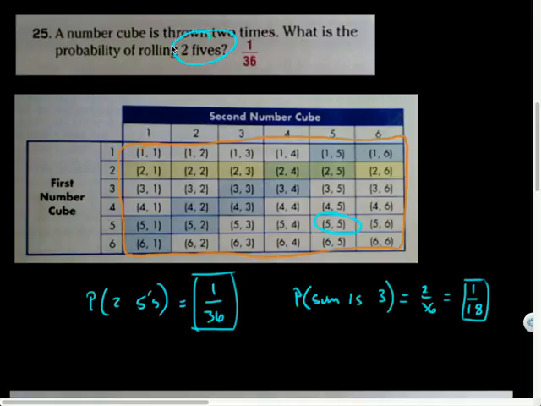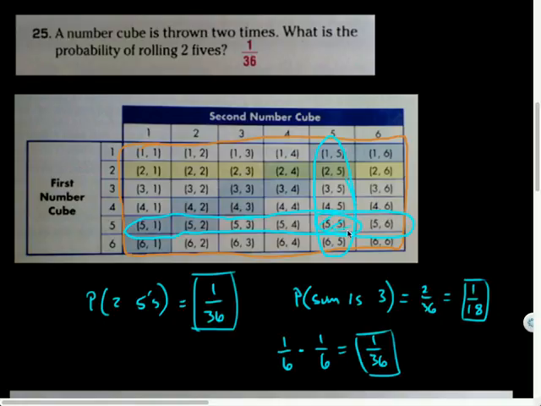You could have just said rolling a 5 the first time is 1 out of 6, rolling a 5 the second time is 1 out of 6, so 1 out of 36, because it happened to be a simple case. If I asked the probability of rolling exactly one 5, then you would have had to know this and this.